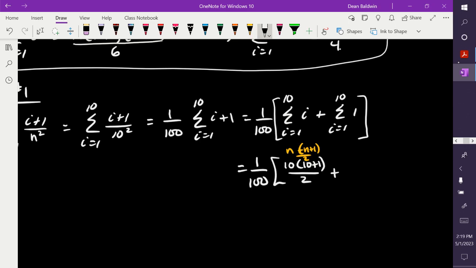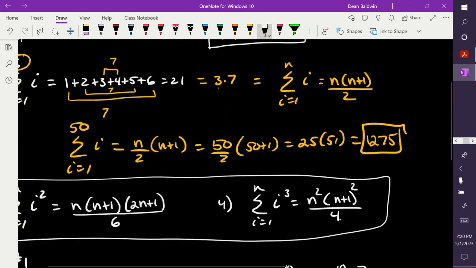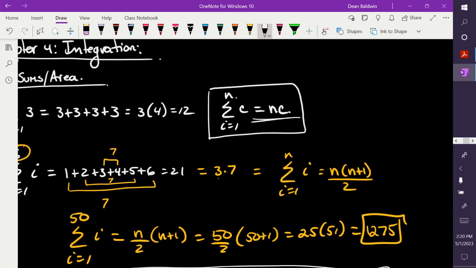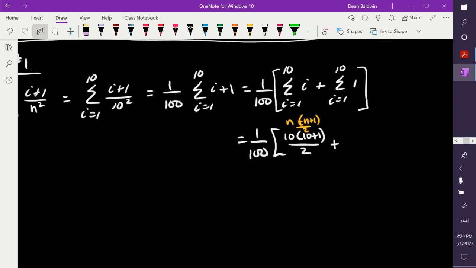Plus, what's the sum from 1 to 10 of a constant? It's nc. It's this one right here, right? And our n value is 10, so it's going to be 10 times 1. So now we just solve it.